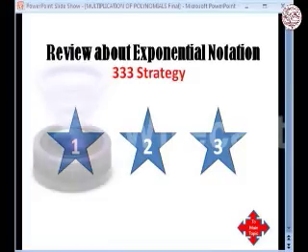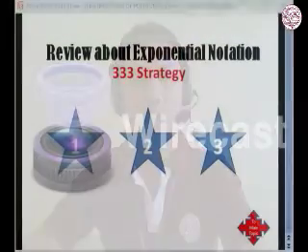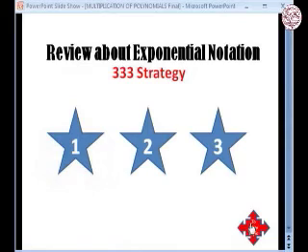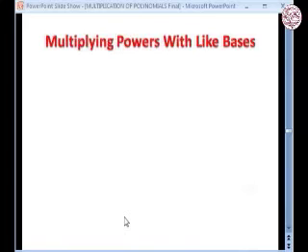Since we already know about the basics of exponential notation, we will have our discussion on the main topic for today, which is multiplying powers with like bases. I would like to raise a question first.